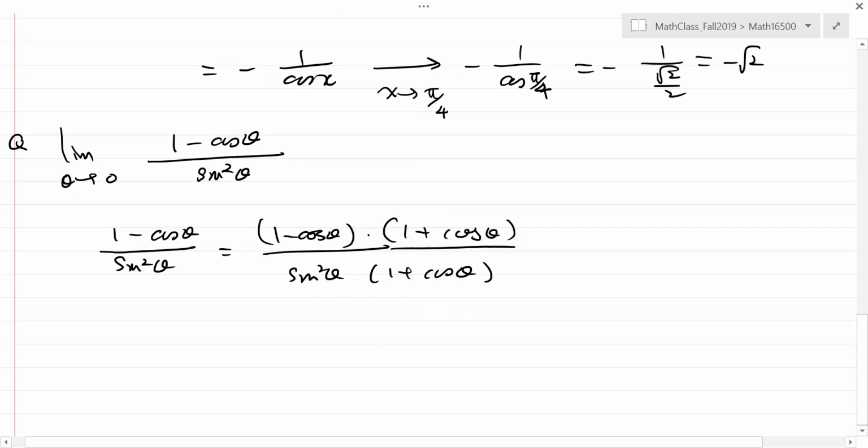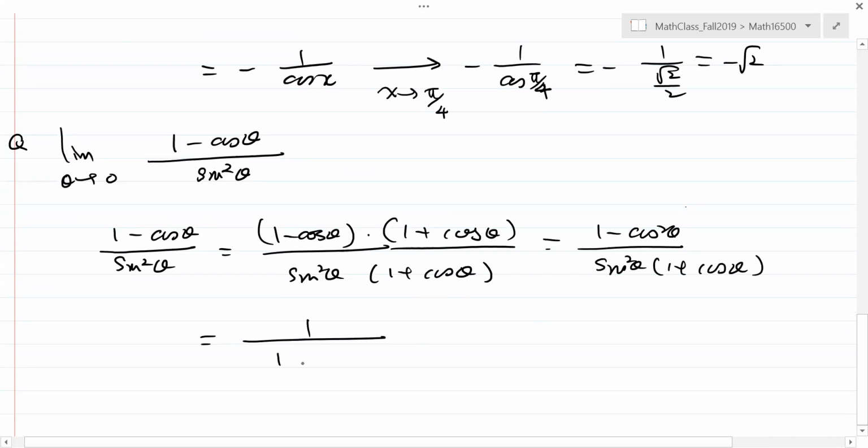Then the numerator is 1 minus cosine square theta, which is sine square theta. So you cancel out the numerator and denominator. Actually, you only get 1 over 1 plus cosine theta, just canceling out sine square theta.